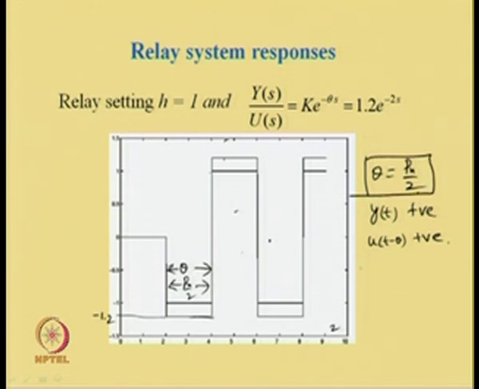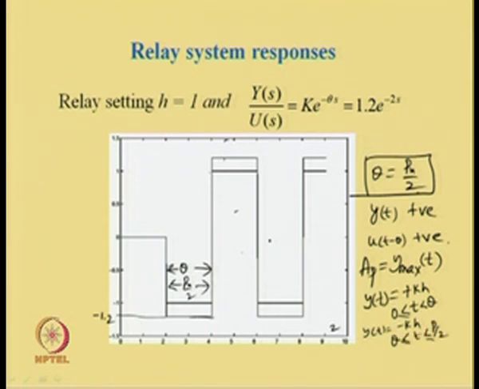Another thing, the peak output of the system Ap is equal to y max(t). How can we find this? Since we know the relationship y(t) is equal to plus kh for the time range 0 to theta, and y(t) is equal to minus kh for the time theta to Pu/2, the peak amplitude of the output signal is kh.